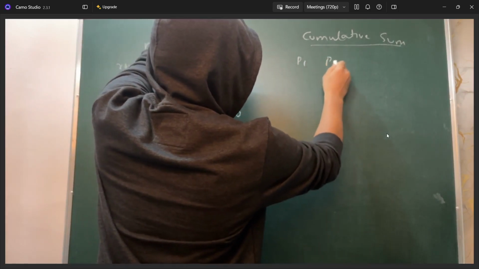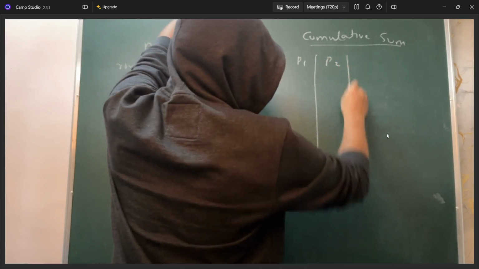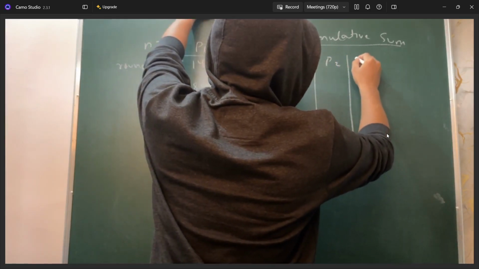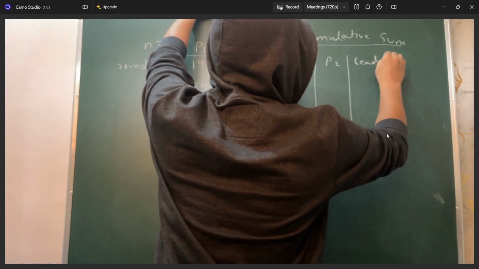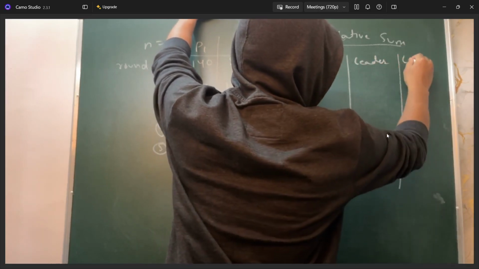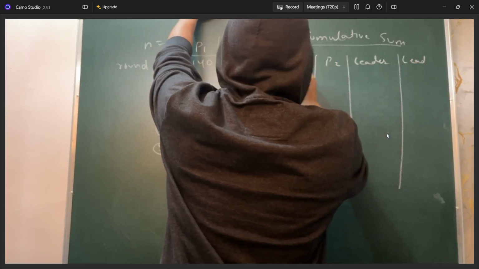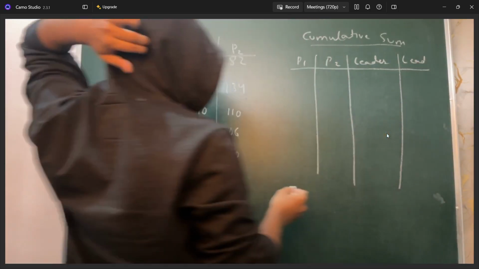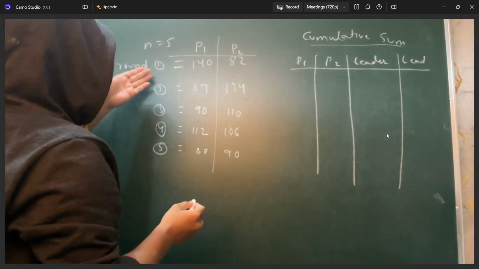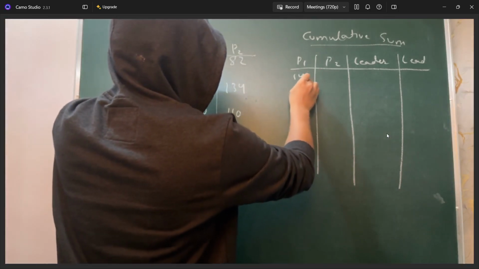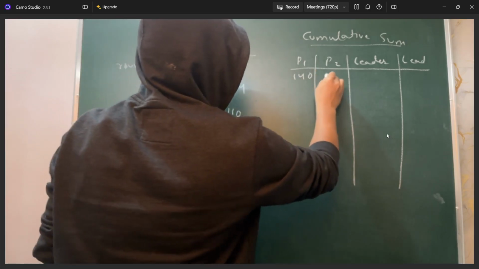Player 1, player 2. We have leader and we have lead. So at the end of round 1, player 1 has scored 140 and player 2 has scored 82.